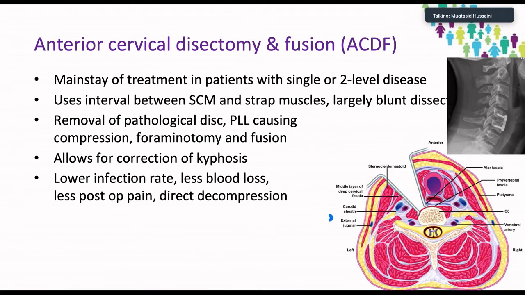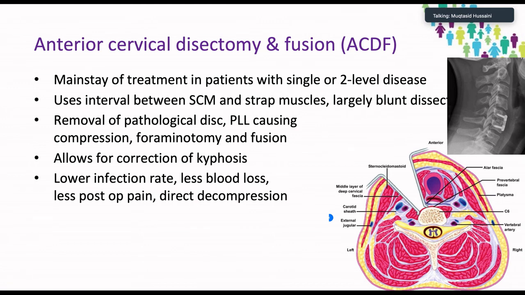So just looking at anterior cervical discectomy and fusion, or ACDF, more closely, this is the mainstay of treatment in patients with single or 2-level disease. It uses the interval between the sternocleidomastoid and the strap muscles and largely involves blunt dissection. The pathological disc is removed.